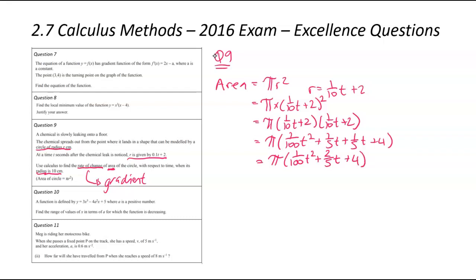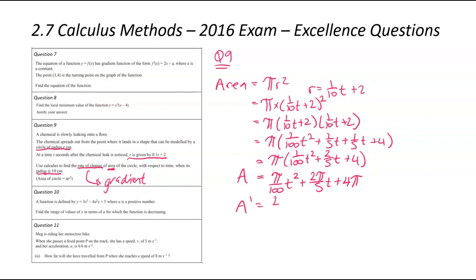And finally, a bit messy, I'm now going to expand the bracket to get pi out there. So that's going to be pi over 100 times t squared plus 2 pi over 5 times t plus 4 pi. So that is my function for the area in relation to time. Because we're talking about the rate of change of the area, we're going to need to find A'.